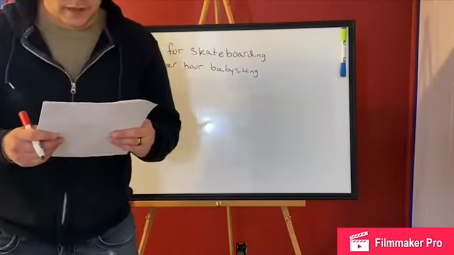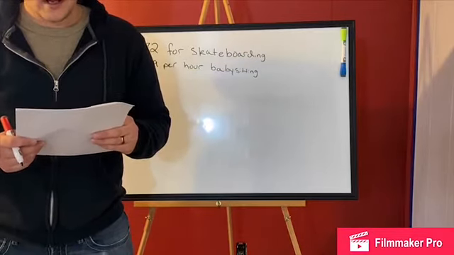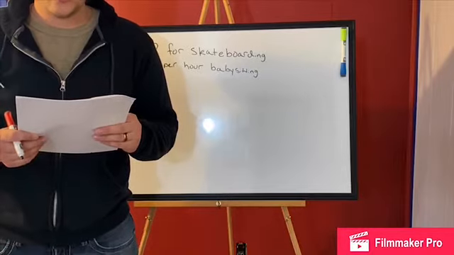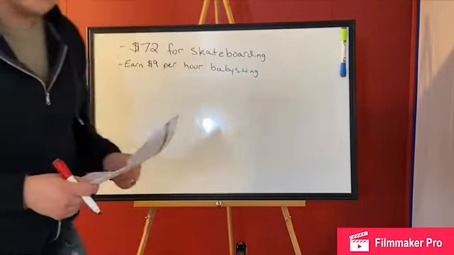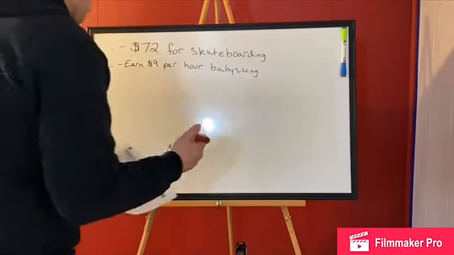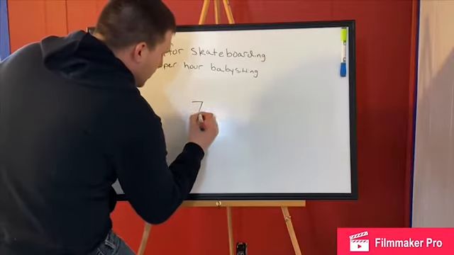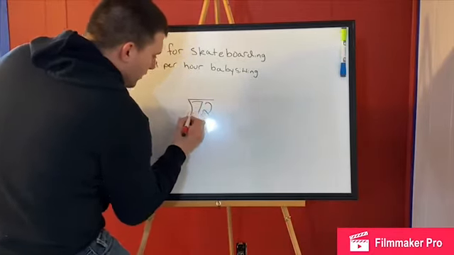Okay. The skateboarding competition is next month. How many hours does she need to babysit in order to earn enough money? So, let's do the very, very simple math. You'll be surprised. So, we're going to take the $72 that she needs. Okay.